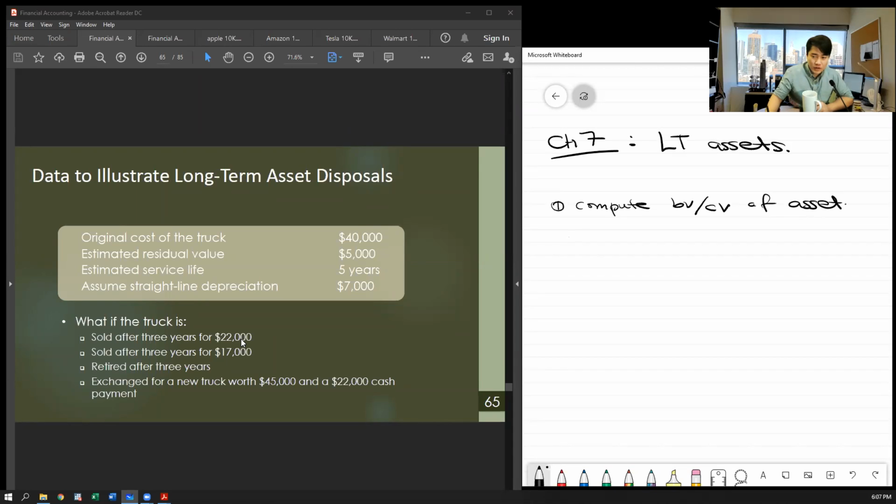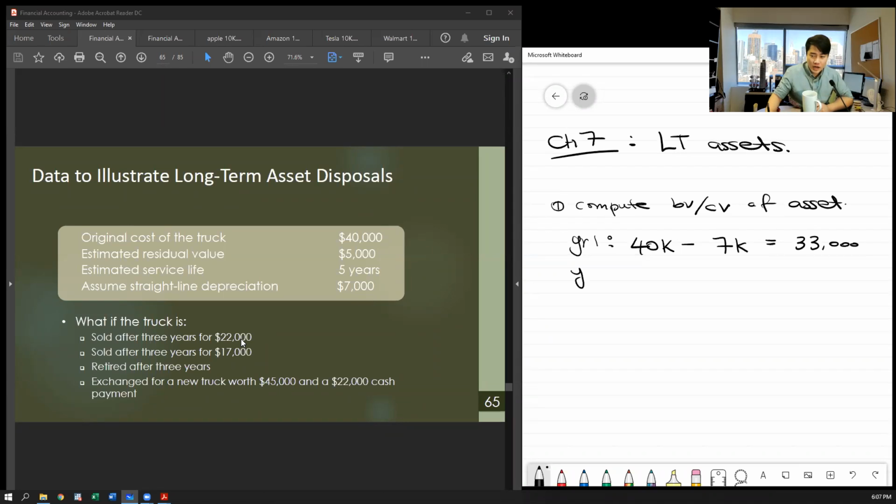So for year one, you're starting from $40,000, minus you're going to depreciate by $7,000. So at the end of year one, your book value becomes $33,000.